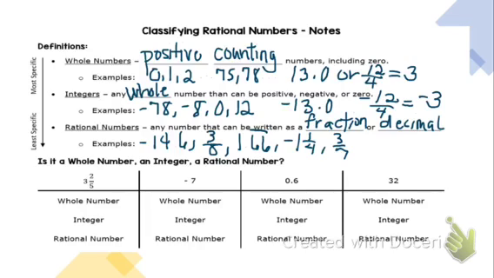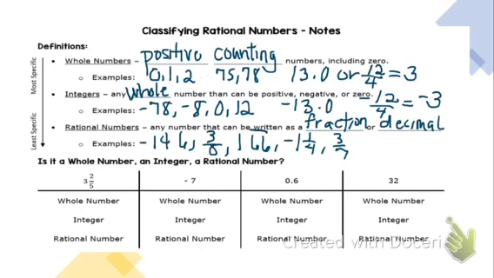So a rational number could be a fraction, whether it's proper or improper, positive or negative. It can also be a decimal, but a decimal has to be a terminating or a repeating decimal with a determined pattern.